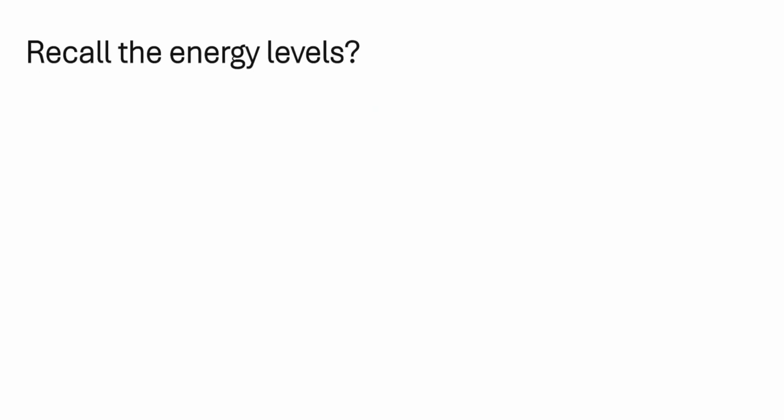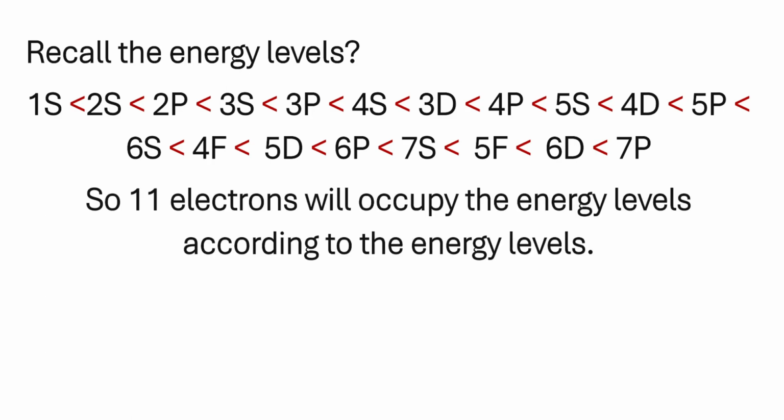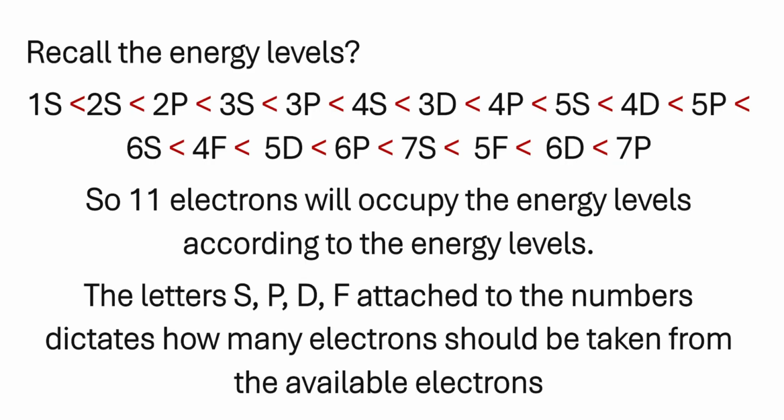Alright, looking at the energy levels, we are going to start with 1s. And remember, the s in the 1s means the s subshell, and it must contain 2 electrons, as long as we have not exhausted the 11 electrons available, which is coming from sodium. So the 1s is the first energy level, and it is going to take 2 electrons from the available 11.